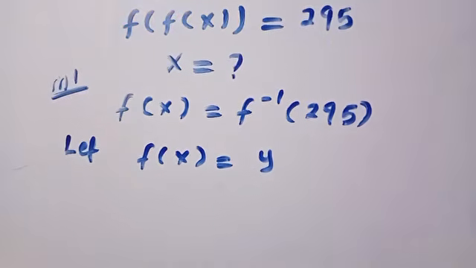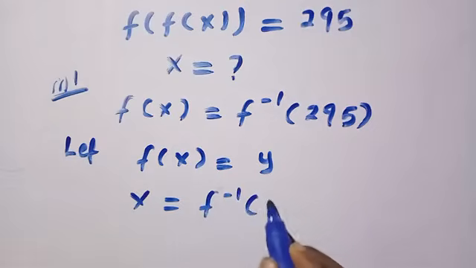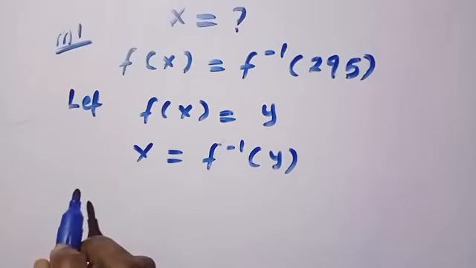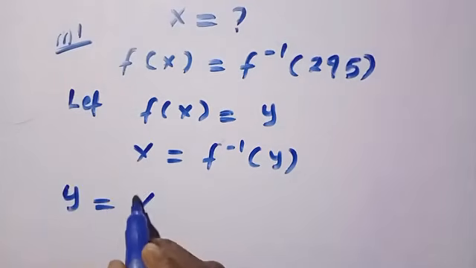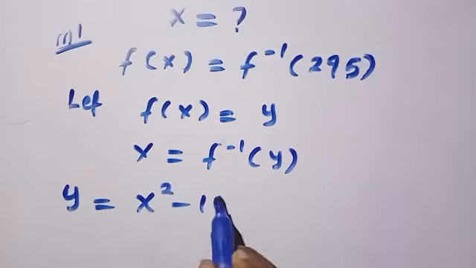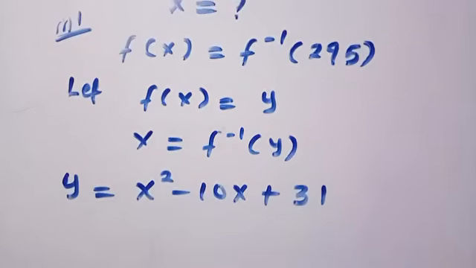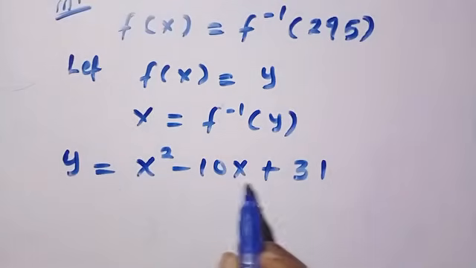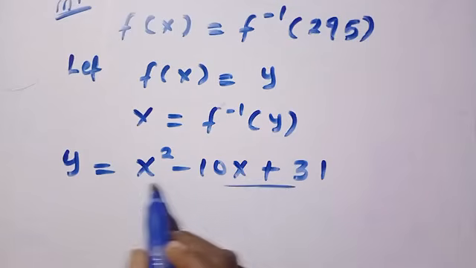If f of x equals y, x becomes f inverse of y. So from f of x, we have represented it as y. y equals x squared minus 10x plus 31. Therefore, we want to make x the subject of the formula, but we are going to do something here because it's a quadratic.